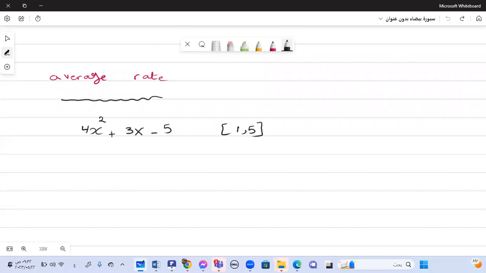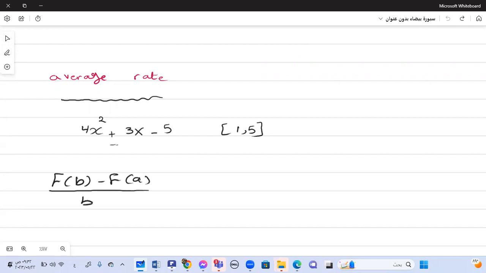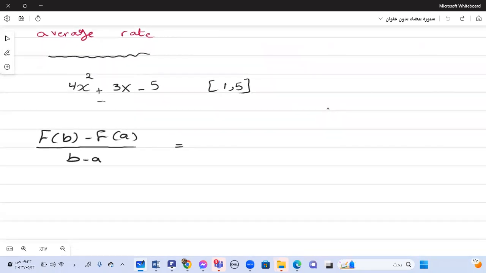Average rate of change. You are supposed to have memorized the formula. Who remembers the formula? F of B minus F of A over B minus A. So we should write the formula. After that I need to substitute.